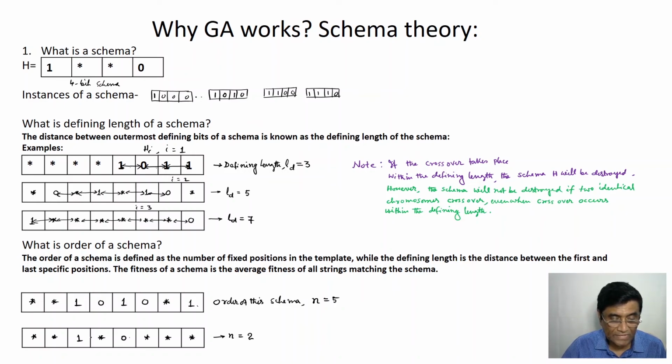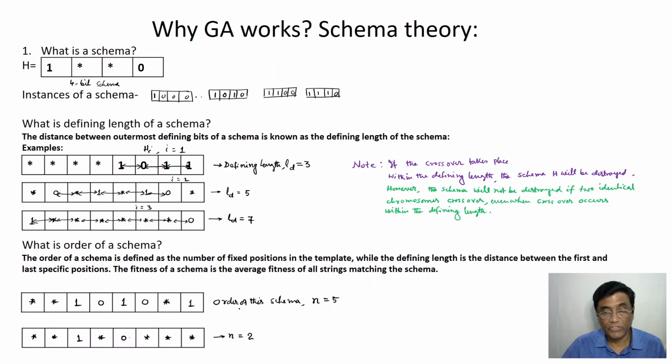For example, what is the defining length of this schema? 1, 2. 2 is the defining length. And what is the defining length LD of this schema? 1, 2, 3, 4, 5.